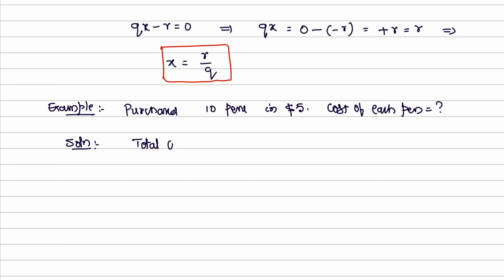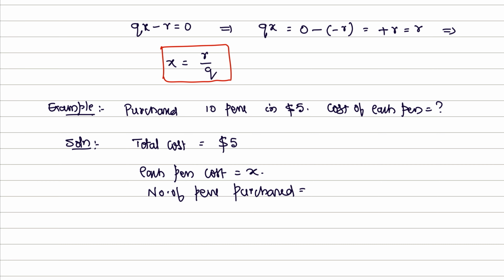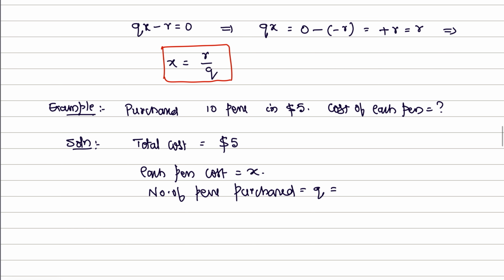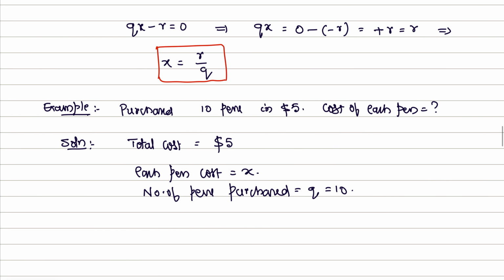Total cost, how much have you spent? $5. Let each pen cost be X. Number of pens purchased, let us say Q, is equal to 10. Then what is the value of X? X, the cost of each pen, is equal to R by Q, where total cost is R. That is $5 divided by 10, that is $0.50.